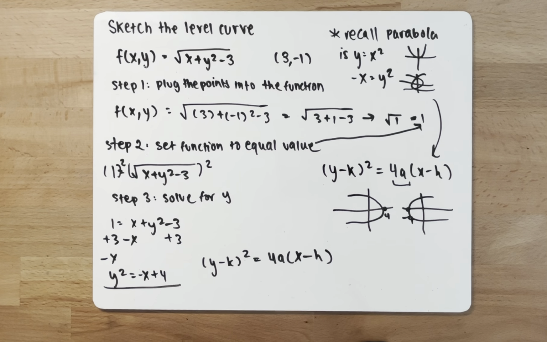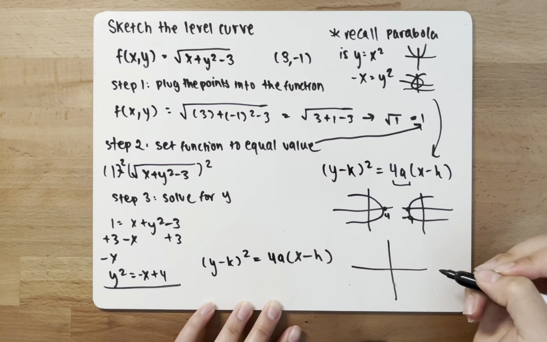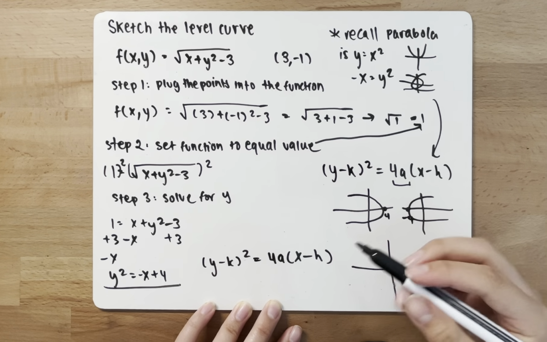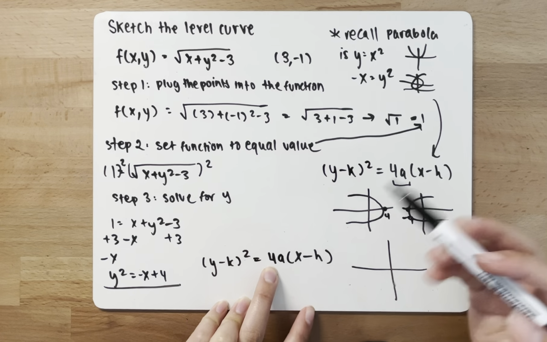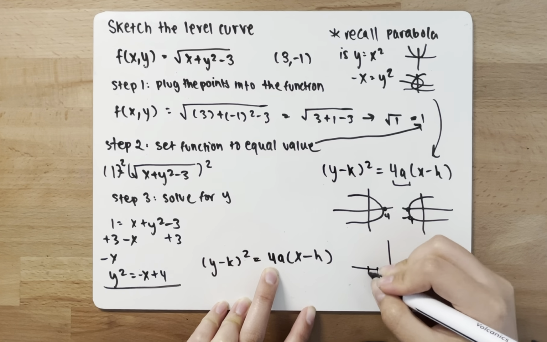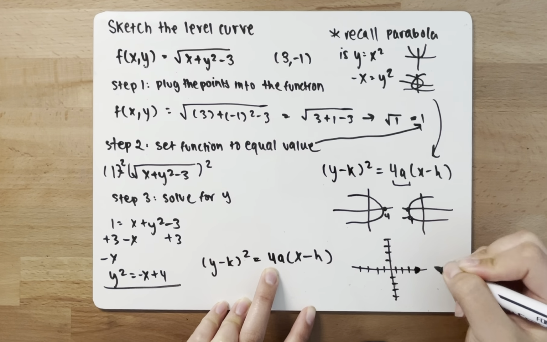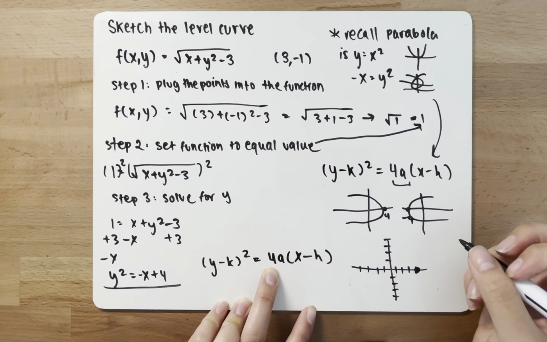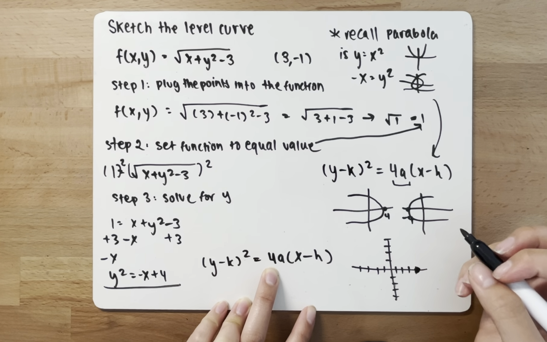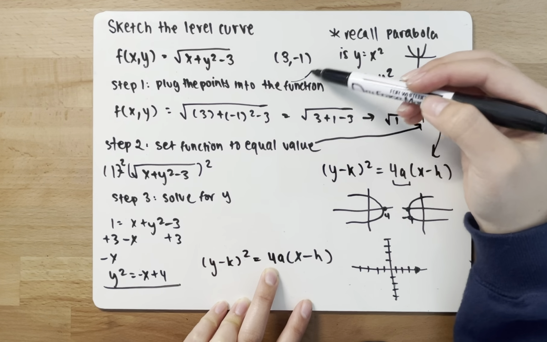Now, what you are going to do is plug in the vertex, which is 4. So 1, 2, 3, 4. Vertex is here. And for the next points, you are going to use the point 3, negative 1.